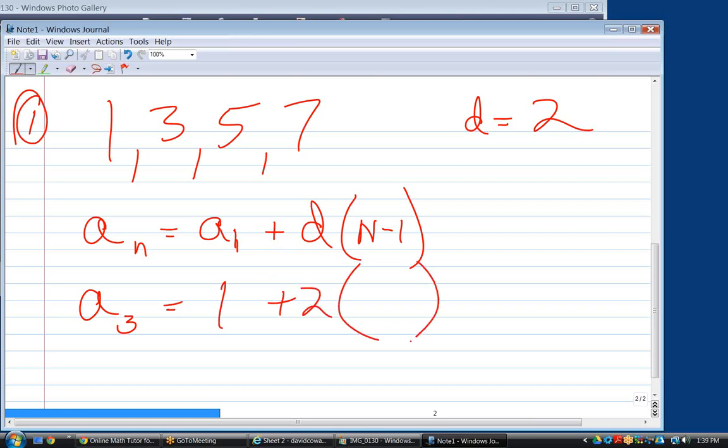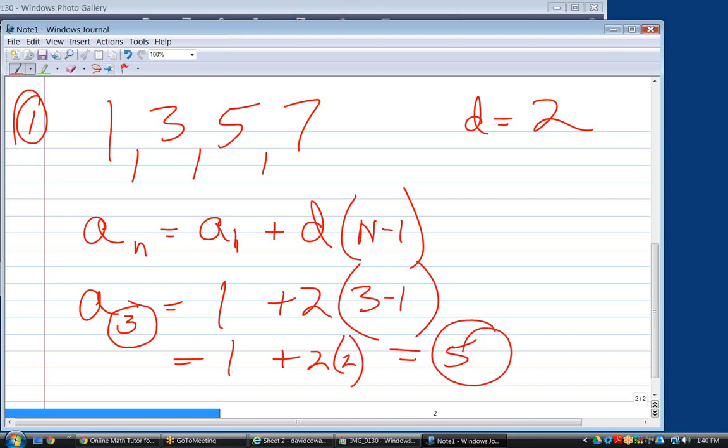What's n? Yeah, I forgot. Right there. Oh, so 3 minus 1. So we end up with 1 plus 2 times 2, or 5. And sure enough, we can see that the third term of that sequence is 5.